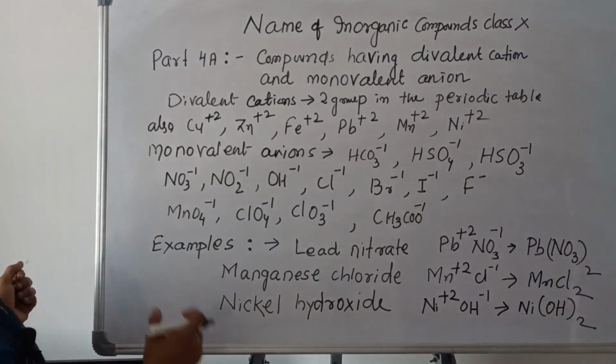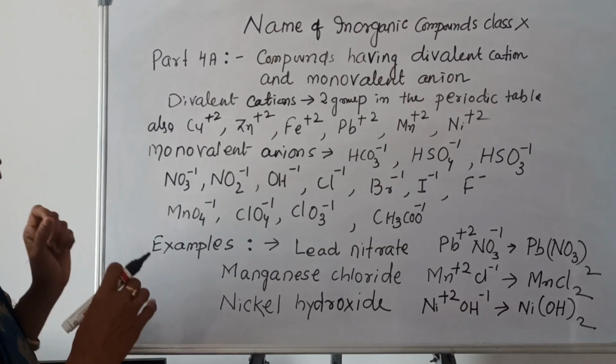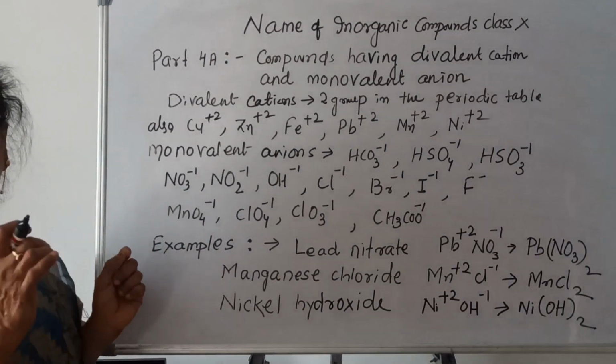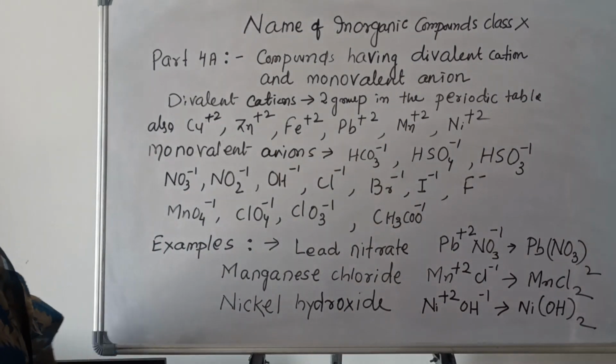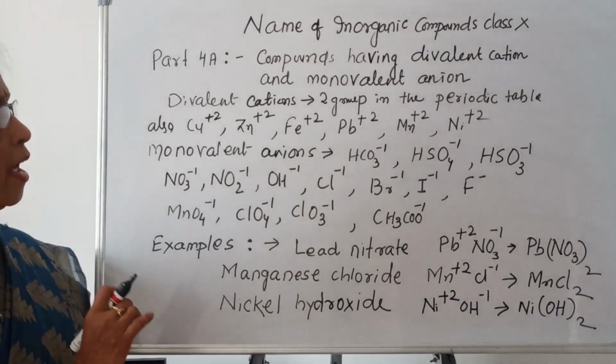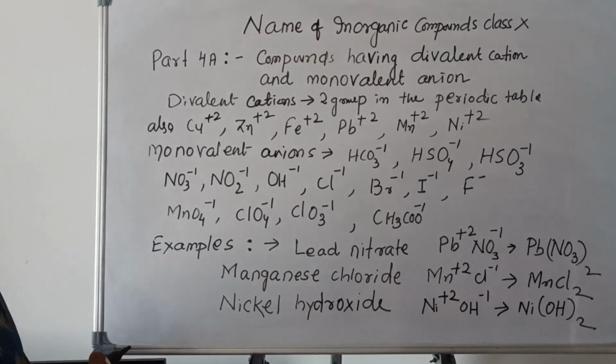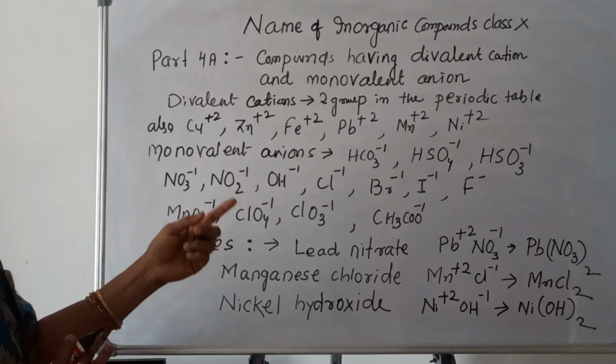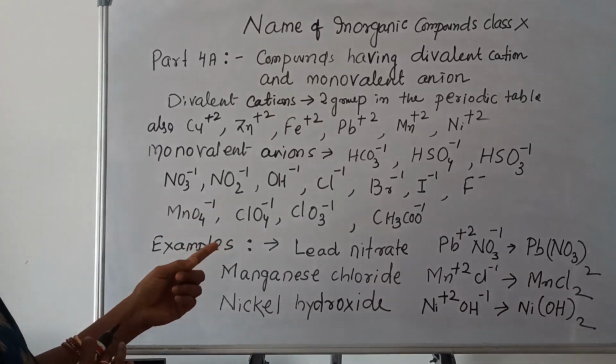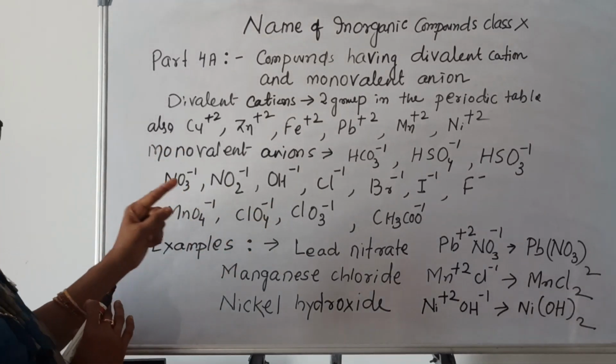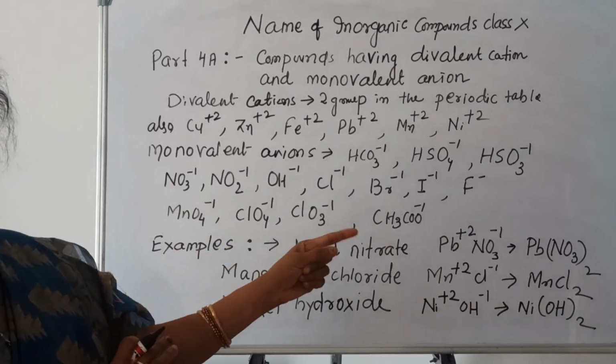See again carefully what the divalent cations are. You remember, there is no problem writing any type of compound having a divalent cation and a monovalent anion. The monovalent anions are HCO3, HSO4 minus 1, and HSO3 minus 1. You can see all are minus 1.